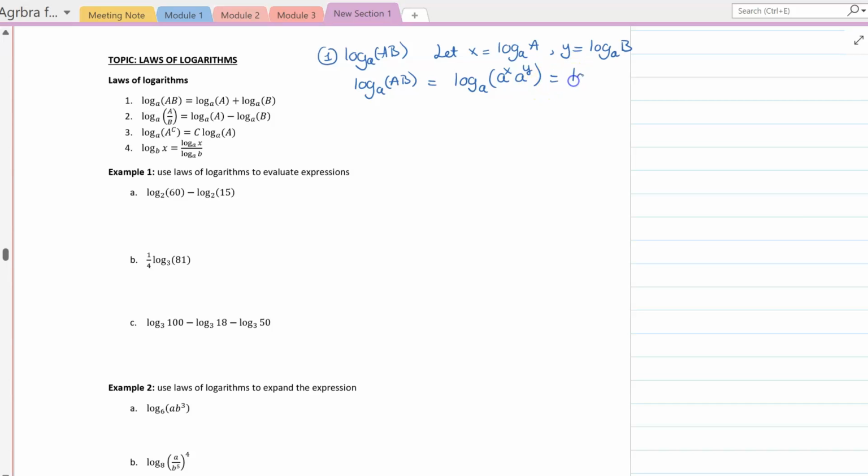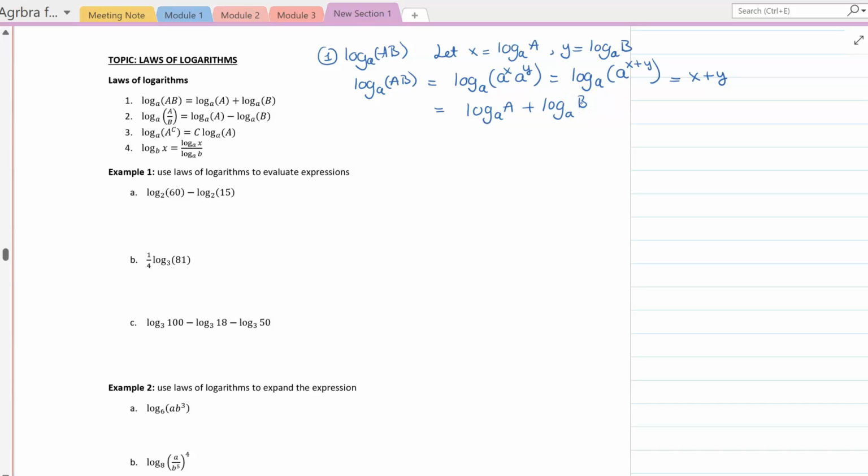And this equals log base a of a to the x plus y, which equals x plus y. So this is telling us that this equals log base a of A plus log base a of B.